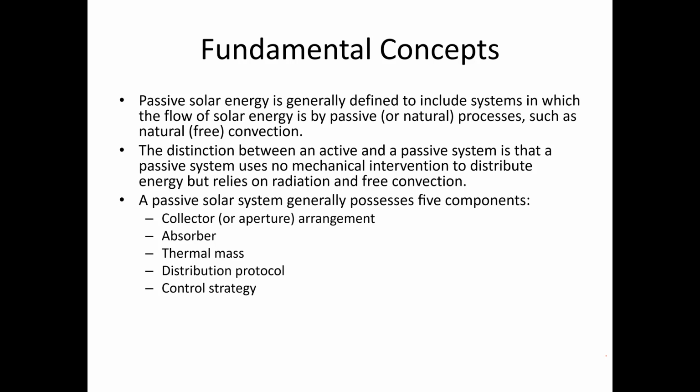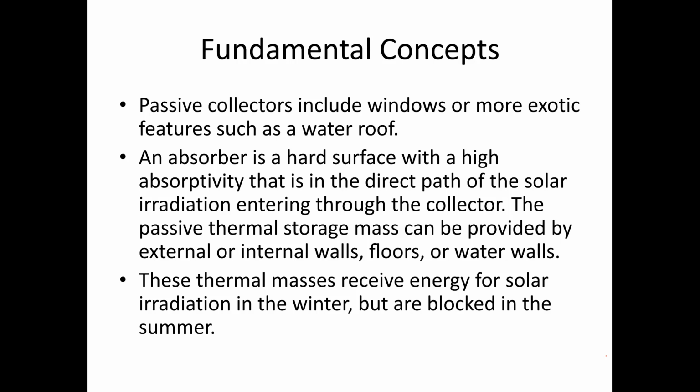A passive solar system generally possesses five components. There's some sort of collector arrangement to collect the energy. There's an absorber, a thermal mass, and a distribution protocol with some sort of control strategy. Passive collectors can include things such as windows or more exotic things such as a water roof.